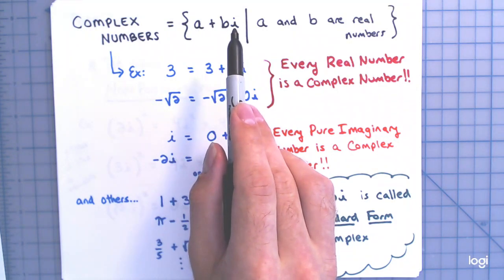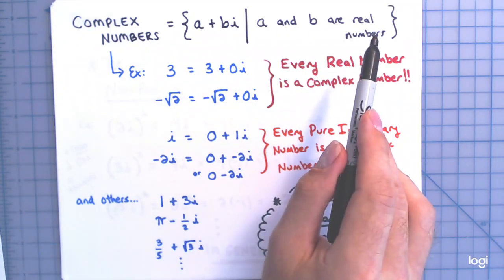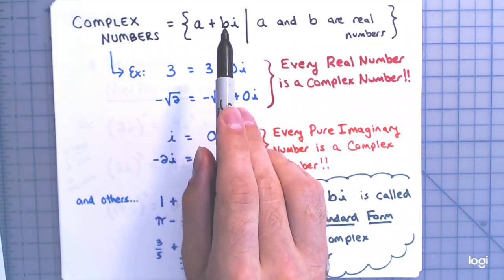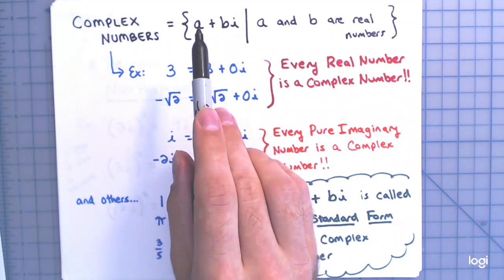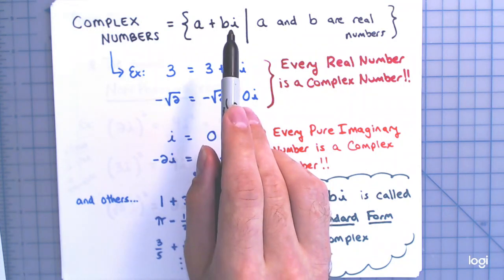That i, again, that's that square root of negative 1. That's what the i is, where a and b are real numbers. So you have a real number plus a real number times i. So you have a real number plus a pure imaginary number.